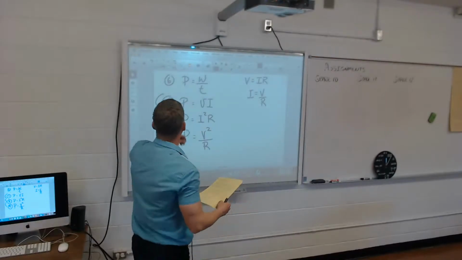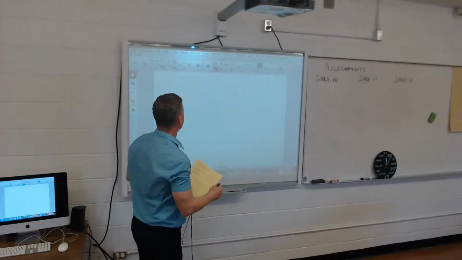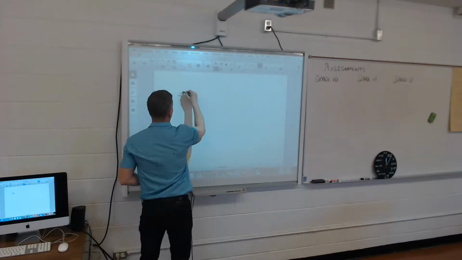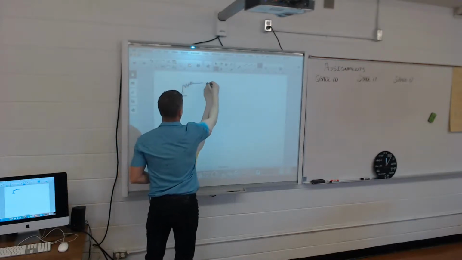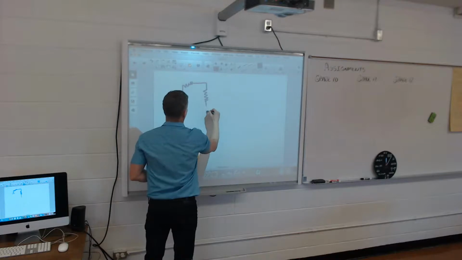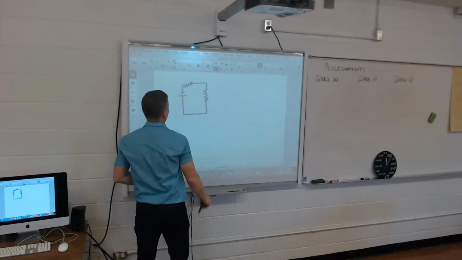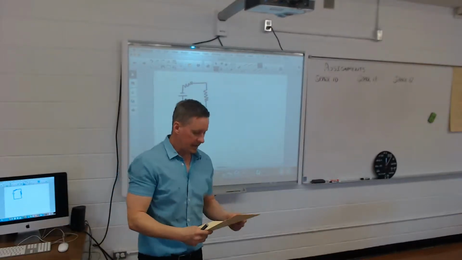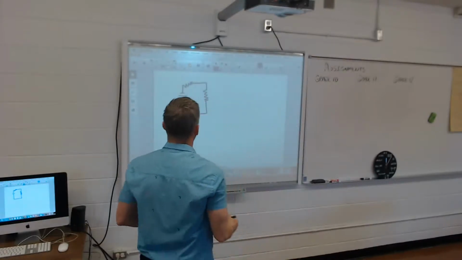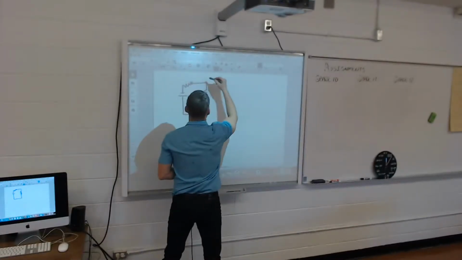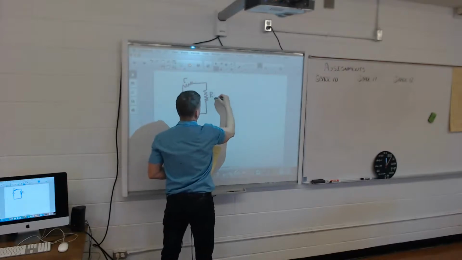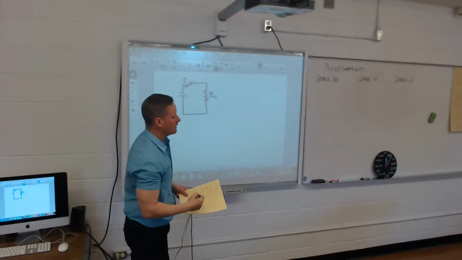Now, where this applies to circuits. So when we are looking at circuits, very basics with circuits. So we've got, this is R, this is my load resistance, okay?